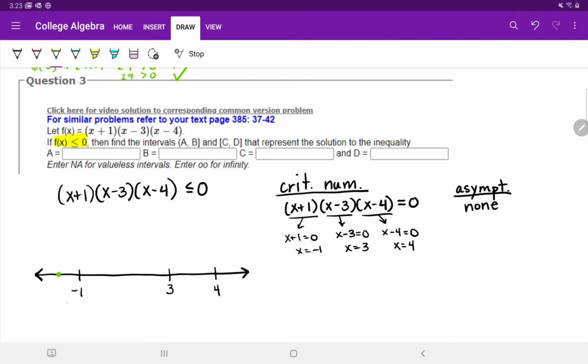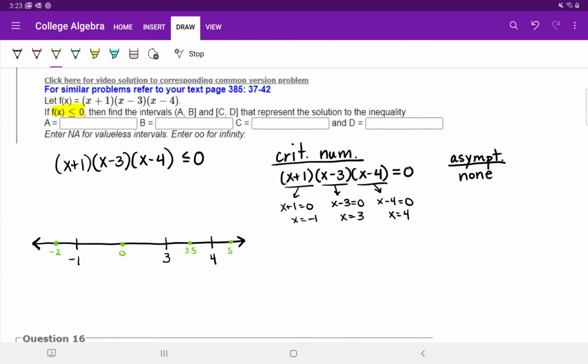So let's choose test points from here, here, here, and here. How about negative 2, 0, 3.5, and 5. Just try to pick numbers as small or as clean as you can. Sometimes you have to use a decimal, like between 3 and 4 we had to use a decimal there. But try to keep your decimals as simple as you possibly can.